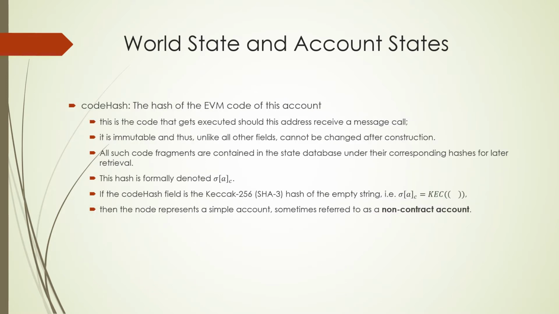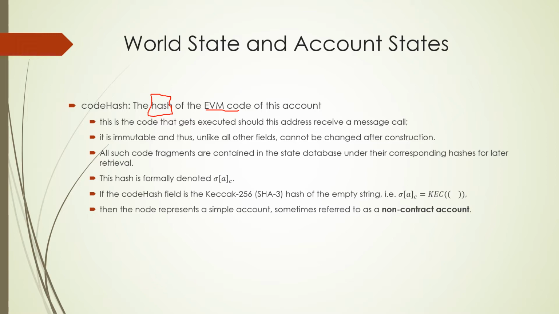And finally, code hash, which is the last element of the account state, is basically the SHA-3 or Keccak hash of the EVM code of the account. Basically, EVM code is the code that gets executed whenever the account receives a message call.